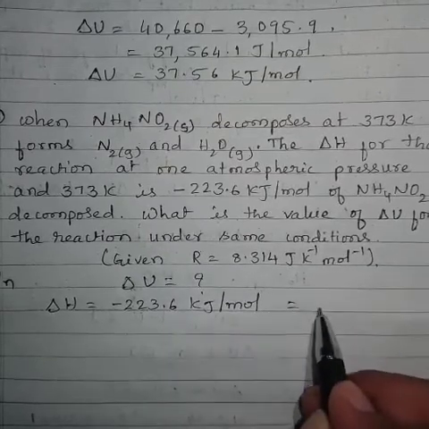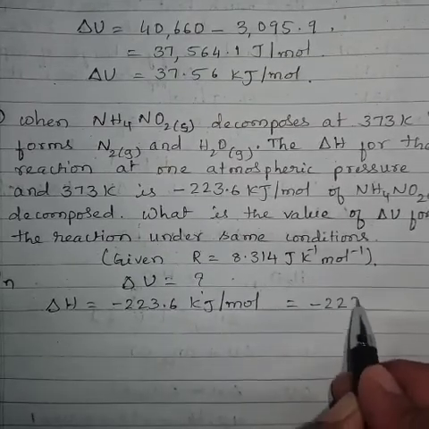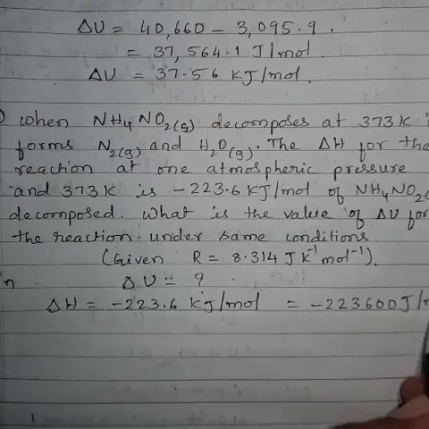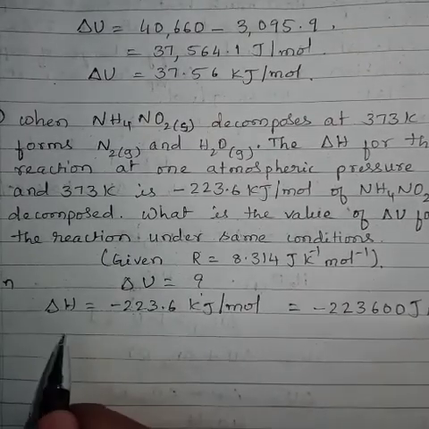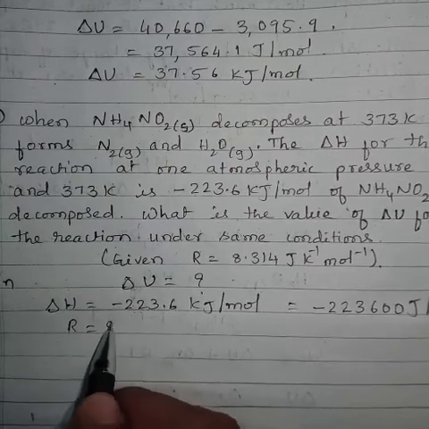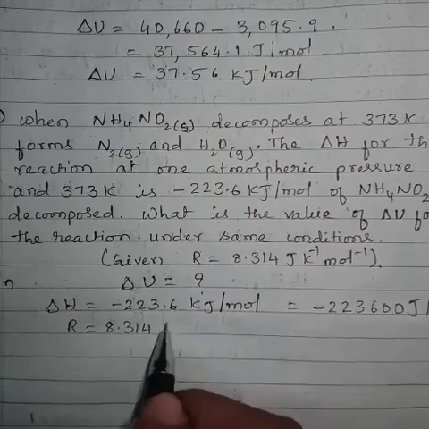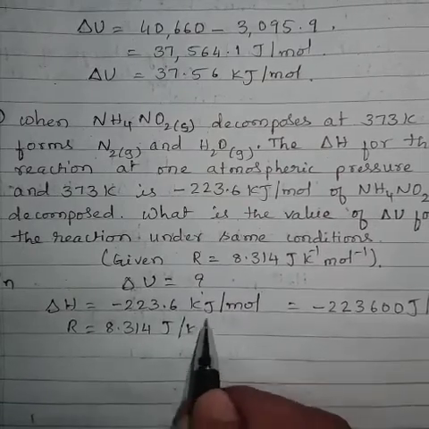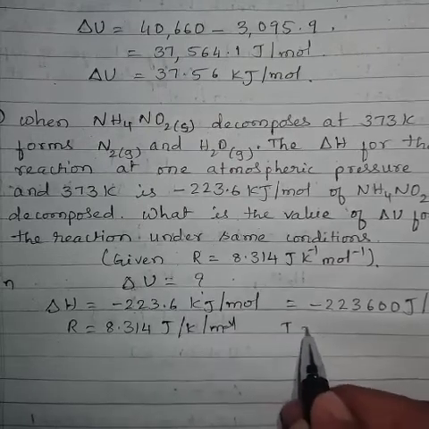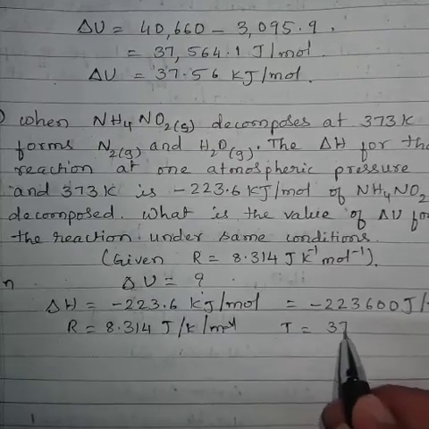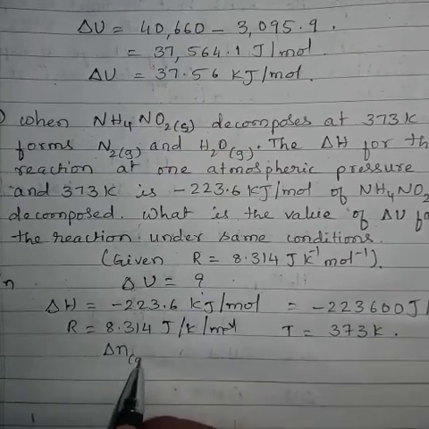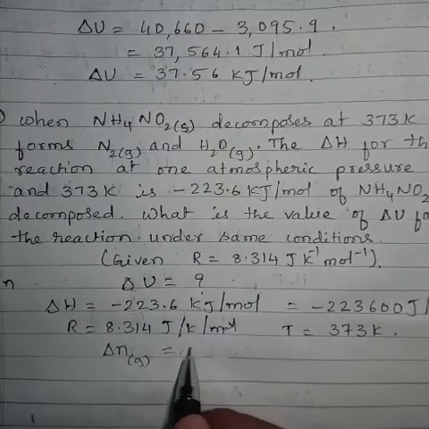This is nothing but minus 223,600 joules per mole. Here R value is given 8.314 joules per Kelvin per mole, and temperature is given, that is 373 Kelvin. We have to calculate delta Ng value.